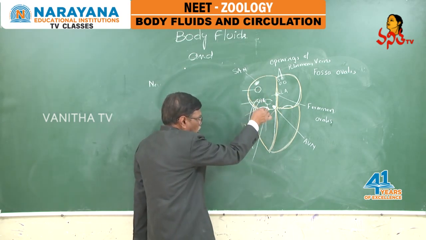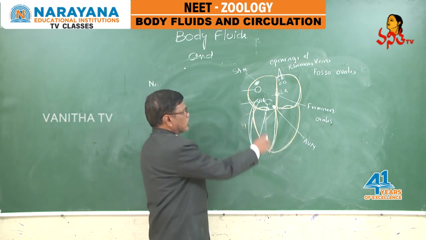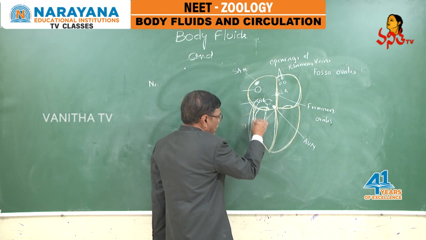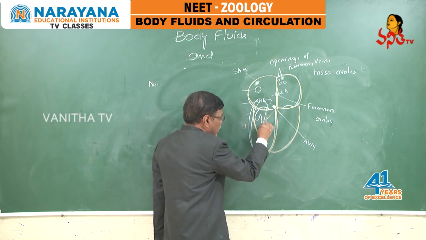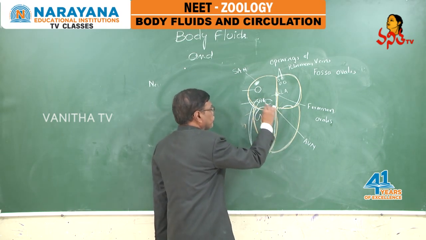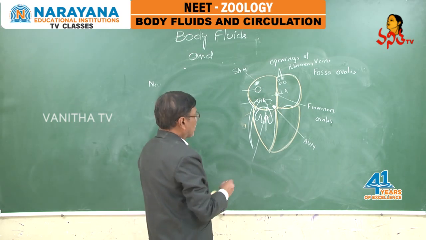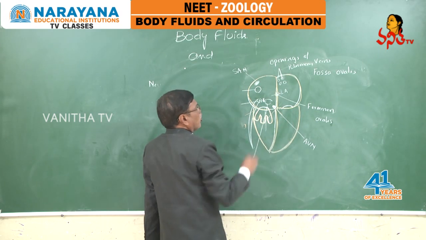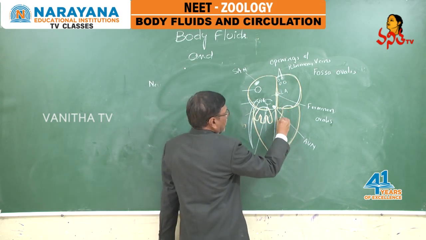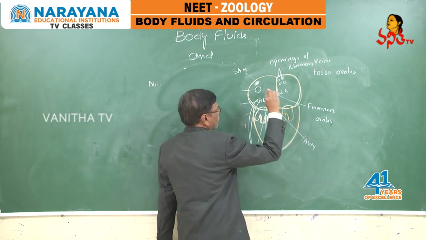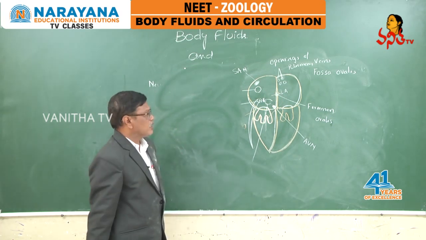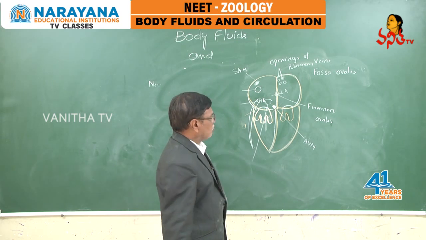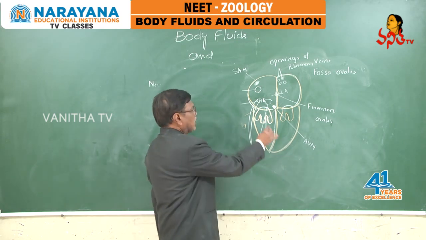The right auriculoventricular aperture is guarded by the tricuspid valve. The left auriculoventricular aperture is guarded by the bicuspid valve, also called the mitral valve.